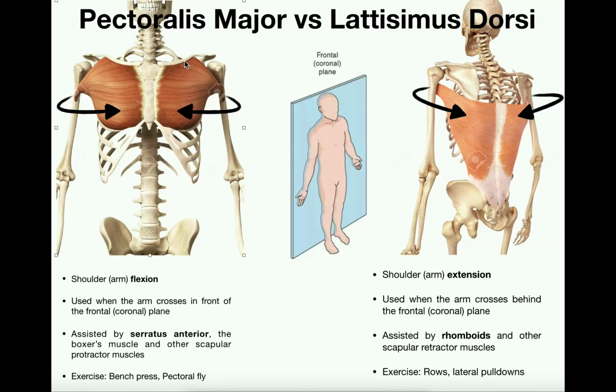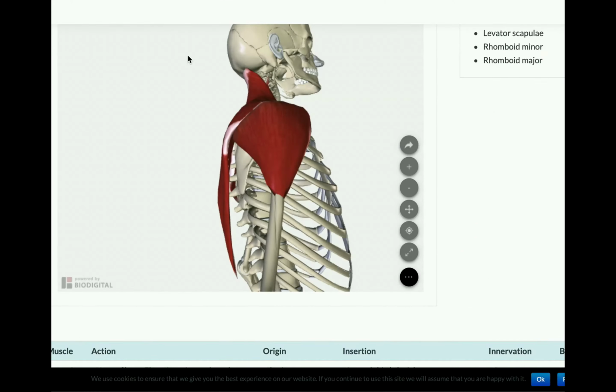It also originates on the clavicle and some of the ribs, which you can't really see here. And this point on the anterior surface of the humerus, each one of these is the intertubercular groove. That's the insertion point of each of the pectoralis majors. When it contracts, it's going to pull those humeruses in front of the frontal plane, or at least in that direction. Okay?